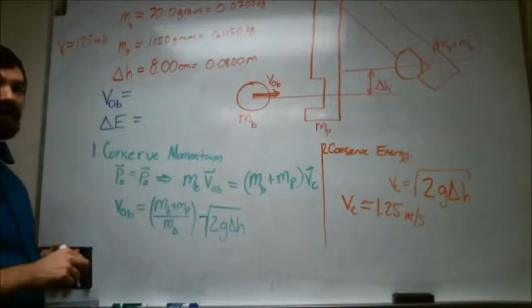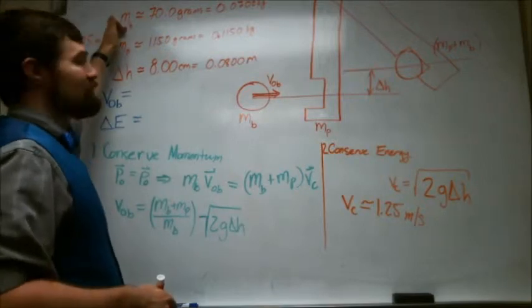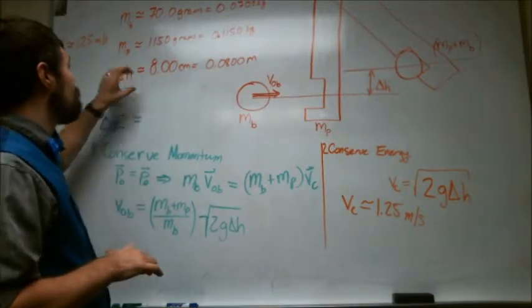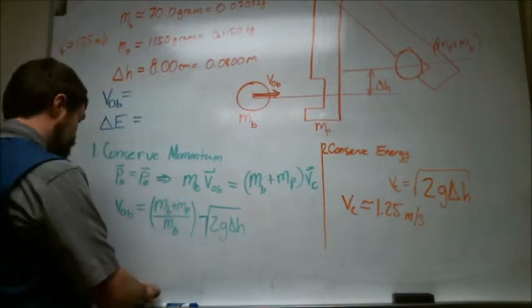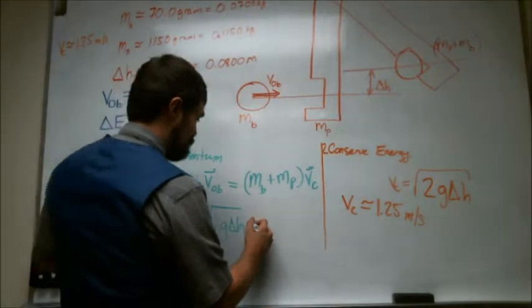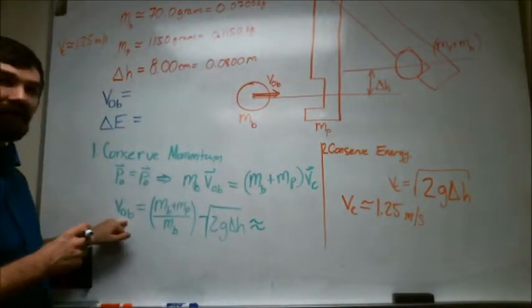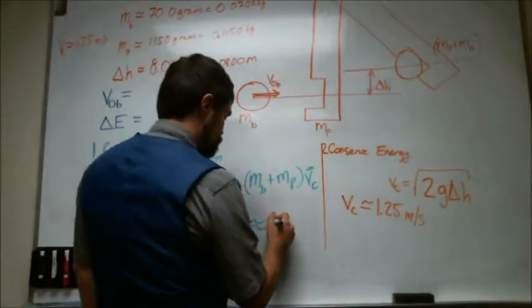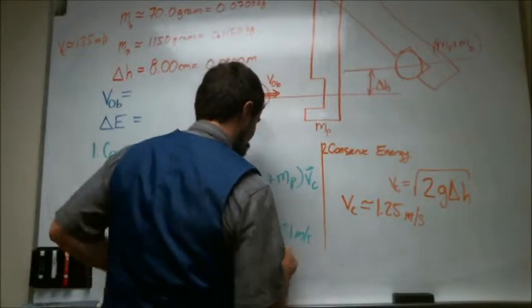What we do need, though, is to plug in the masses of the projectile and of the pendulum and this change in height into this equation. And what we end up getting is that the approximate speed of the bullet before it hits the pendulum is 3.31 meters per second.